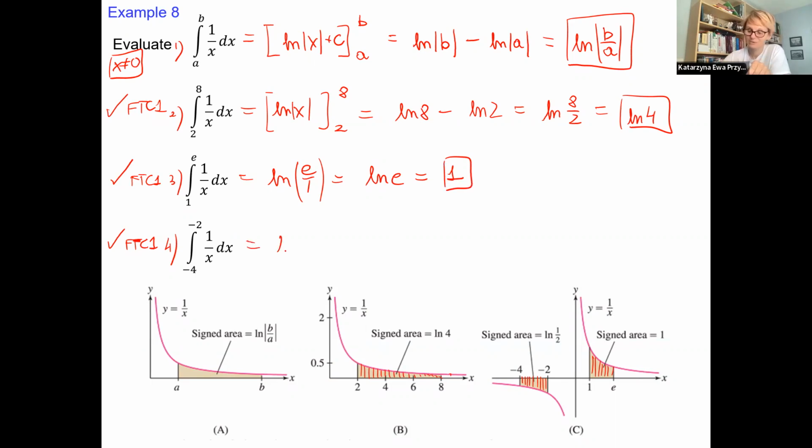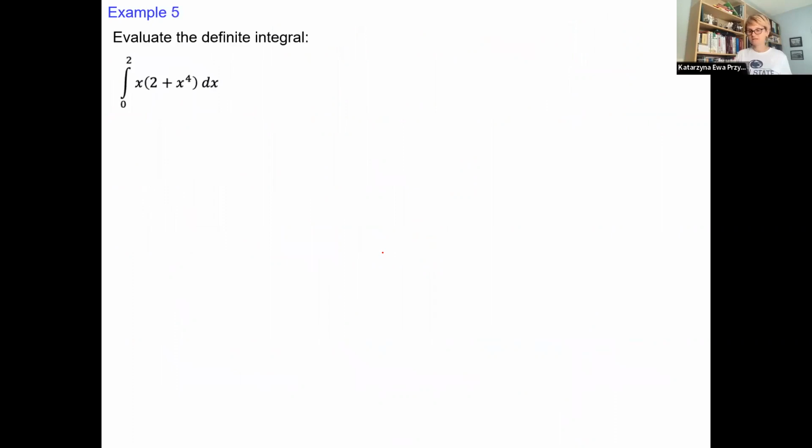And this one will be natural log of -2 over -4. Let's put absolute value, which, however, will be positive. Okay, that's the final answer. Just remember about continuity.